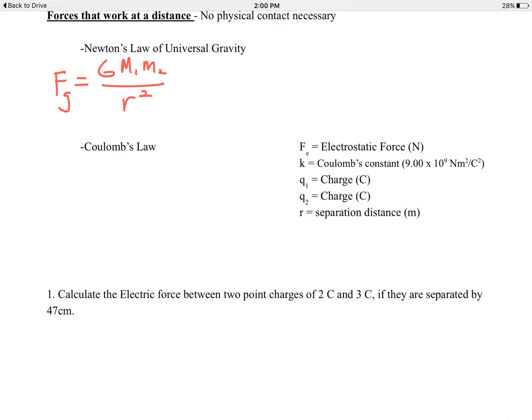Now, Coulomb's law, which is basically the electrostatic version of the gravity law, F sub E, the force of electricity, static electricity, is equal to K times Q sub 1 times Q sub 2 divided by r squared.